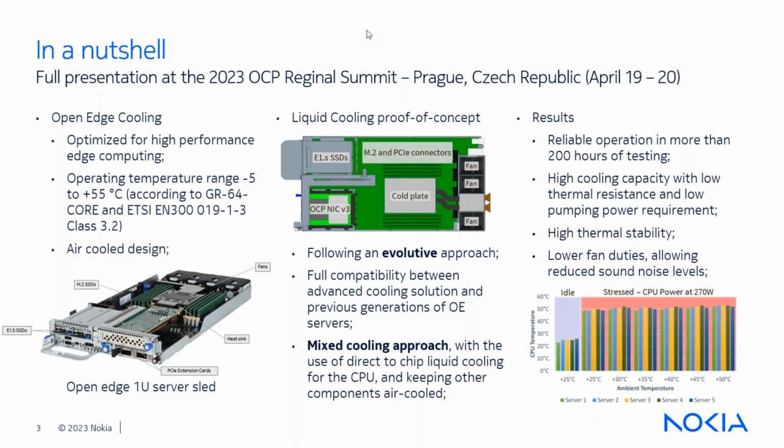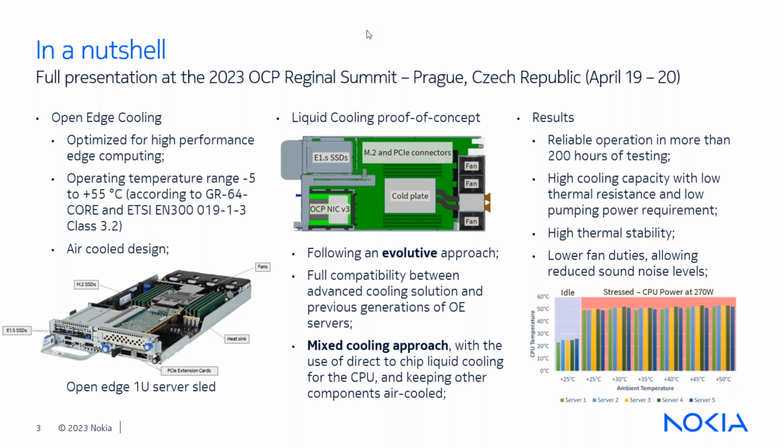And one comment related to that: we cannot cool 270 watt CPUs in a 1U server with air cooling, and here we had 270 watt CPUs all fully loaded, so it was a much higher power computing system than what we can do with air cooling.